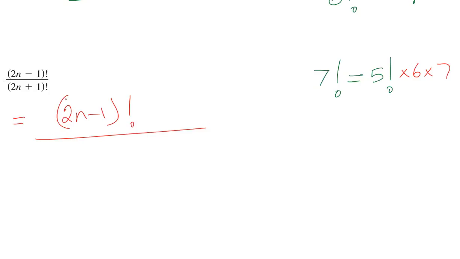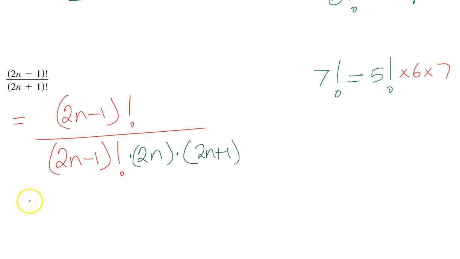2n plus 1 factorial is in the denominator. Let's try and write it using the smaller factorial. Smaller factorial is 2n minus 1 factorial. But to go to 2n plus 1 factorial, we need the number after that, which is 2n, and the number after that, which is 2n plus 1.